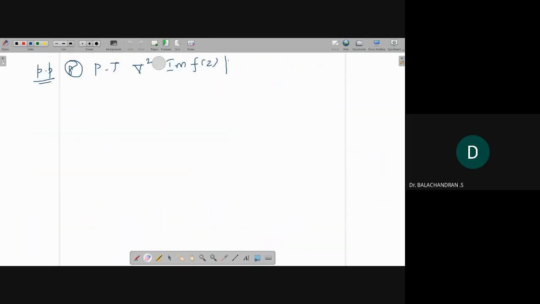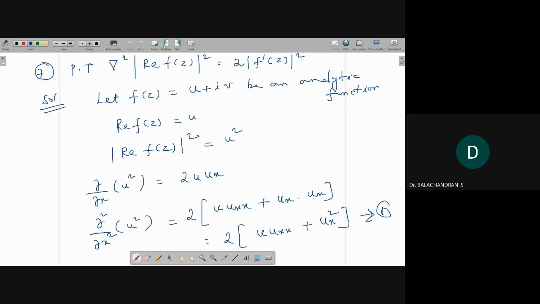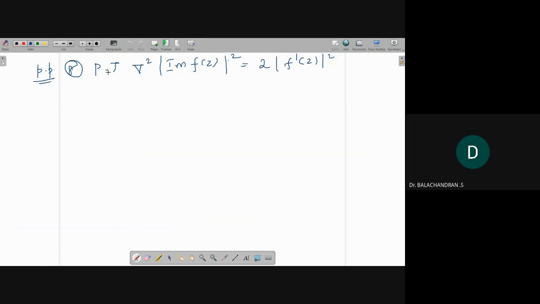Here we took u. Imaginary part means what? V. So instead of u, replace by v. That's all. You will get the answer. So I think you can try this problem.